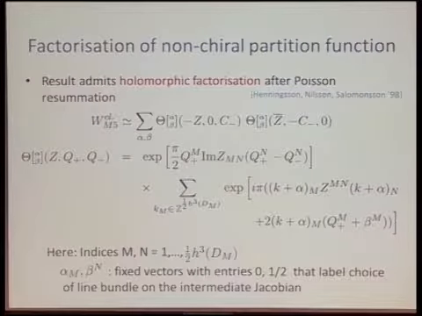I won't talk much about this, but let me point out some important features. We see here a sum over an integer-valued vector of this same dimension, k. There's a term quadratic in these k's, and we're considering theta functions with a source q, and a term linear coupling this k and the source q.